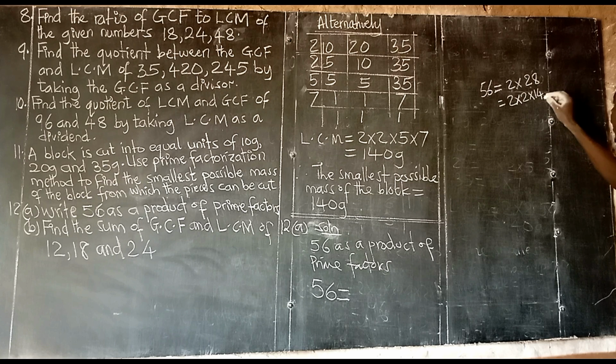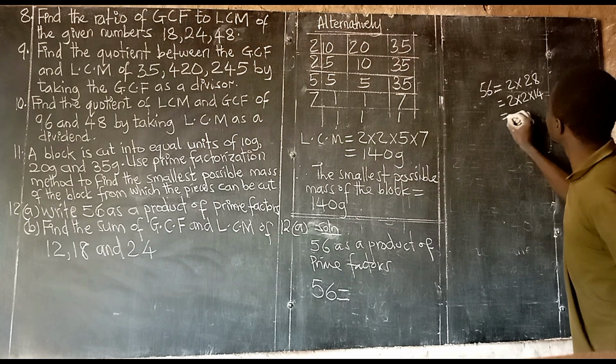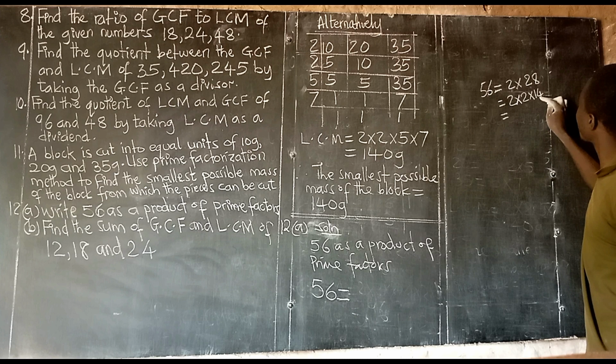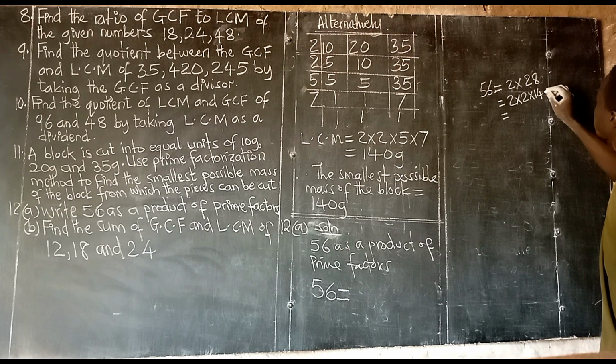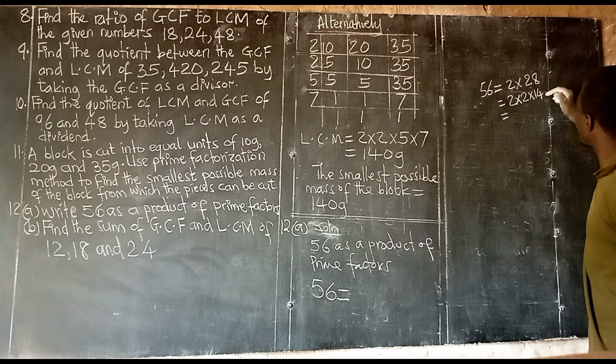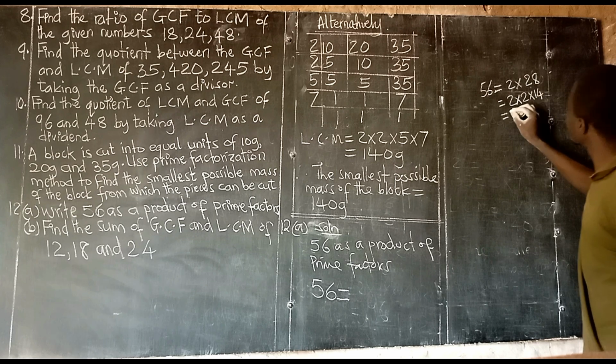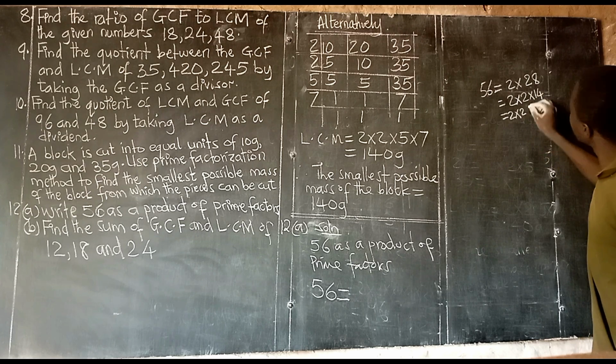Again, 14 is not a prime number, so let us break down 14 into prime numbers which, when multiplied, give 14. So it will be 2 times 2 times 2 times 7.